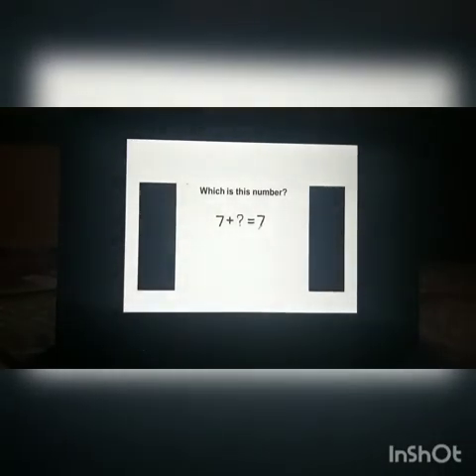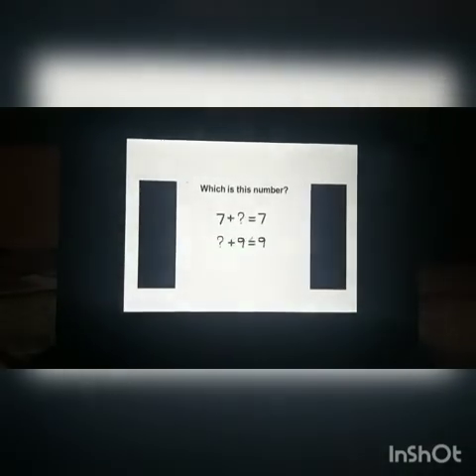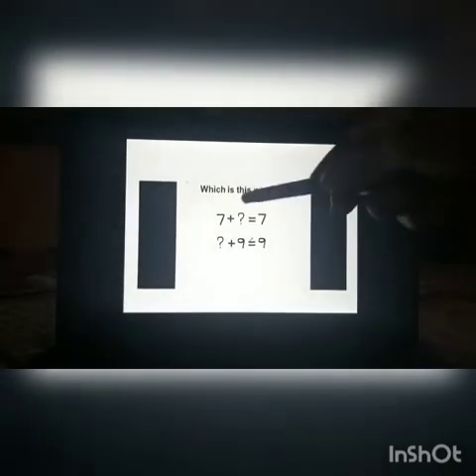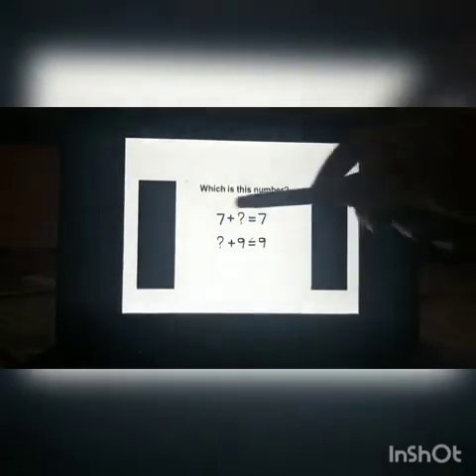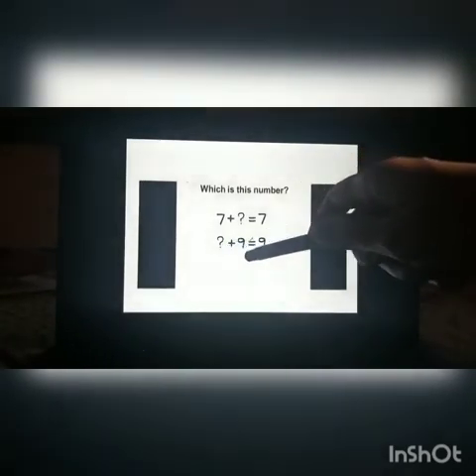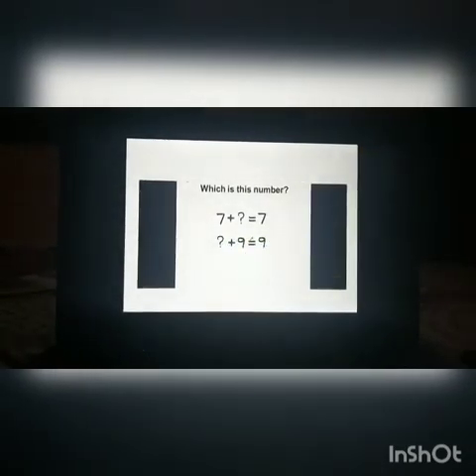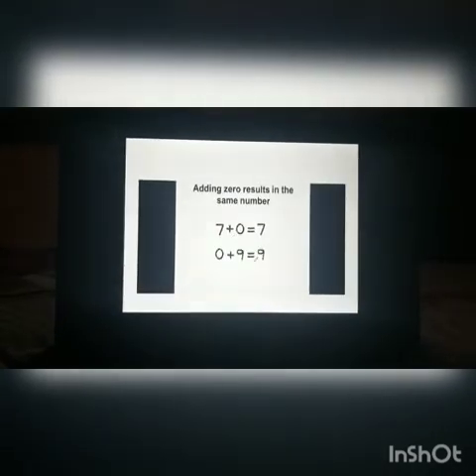So come to the next property. Now 7 plus which number is 7? Another example. Which number plus 9 is equal to 9? Which number added to 7 gives you 7? Which number added to 9 gives you 9? And that number is 0. 7 plus 0 is 7 and 0 plus 9 is 9.